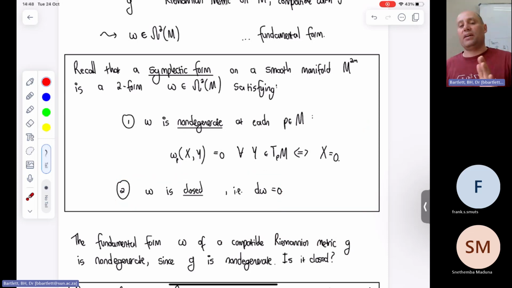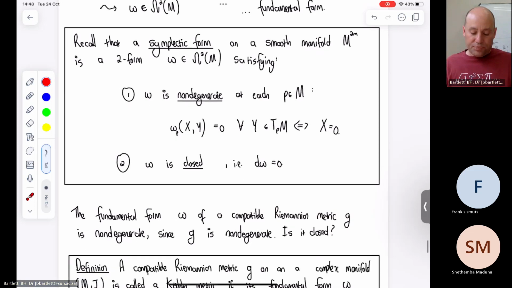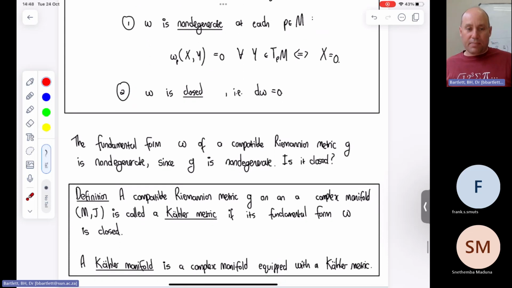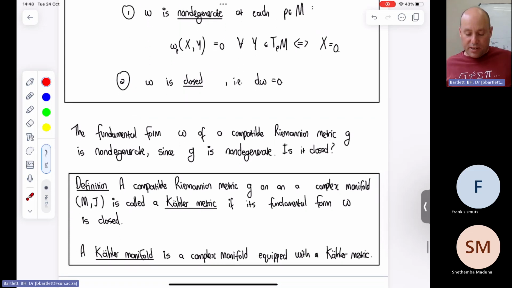I need to know how this omega is varying as I move the underlying point P. And so that's the definition of a Kähler metric. A compatible Riemannian metric G on a complex manifold M is called a Kähler metric if its fundamental form omega is closed. Okay, so in other words, we say that a Kähler manifold is a complex manifold equipped with a Kähler metric.